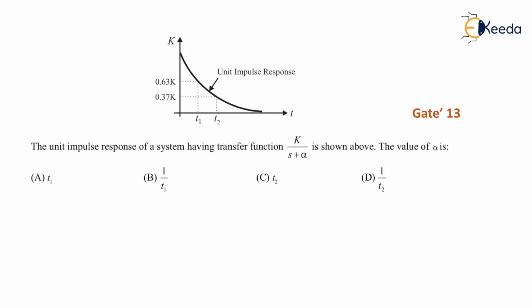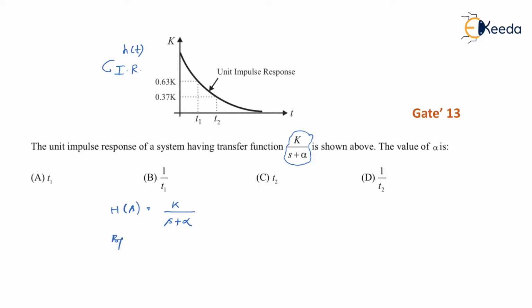As they said, this is nothing but an impulse response. So what they have provided us is nothing but h of t, because h of t is what we call an impulse response. As you can see over here, this is a transfer function, and transfer function means h of s. H of s is equal to k upon s plus alpha.